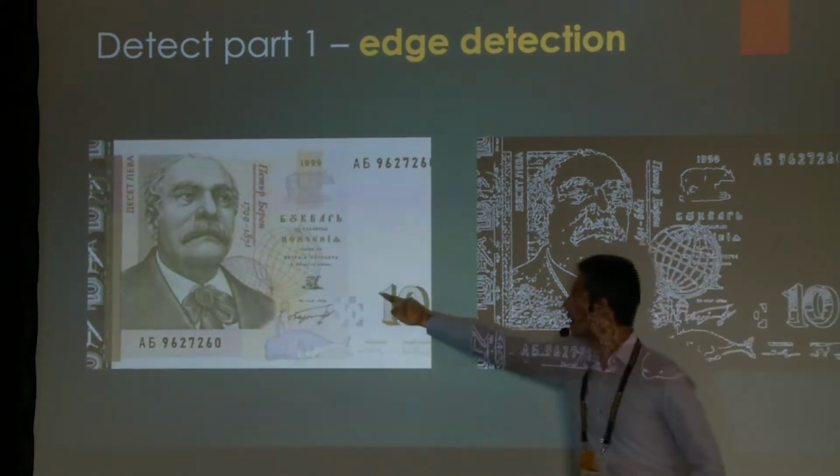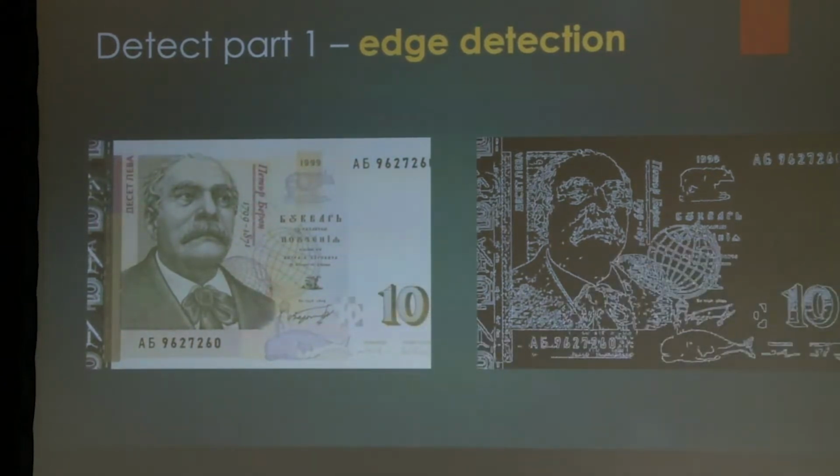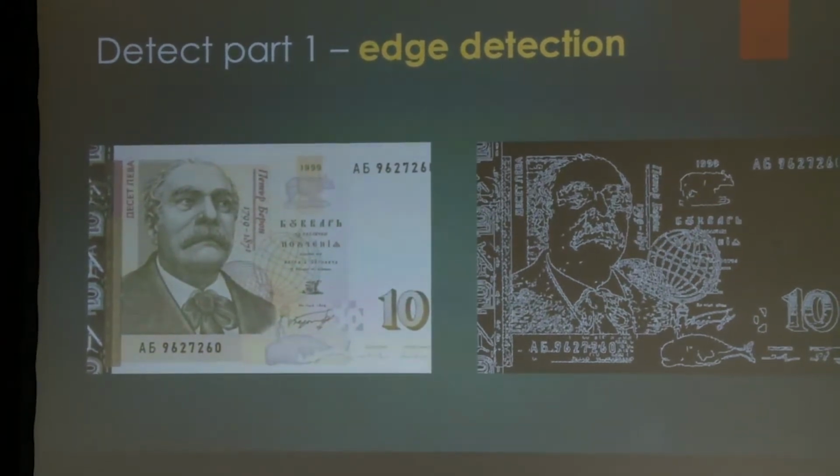For example, we have a black line over here and a white pixel right next to it. That's a very high contrast spot. And this creates, of course, an edge over here. That white edge means that there is a high contrast between neighboring pixels over here. So we convert the original image into edges.